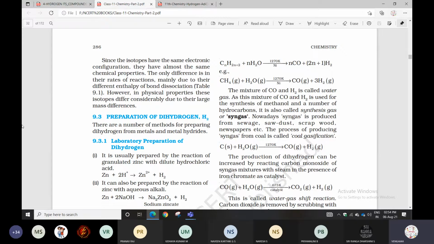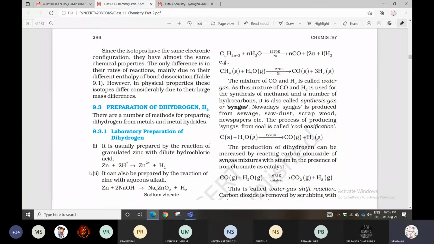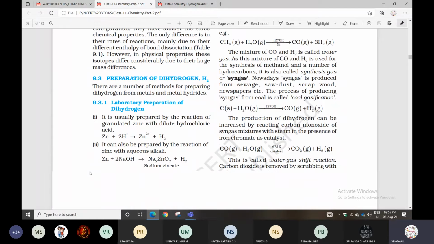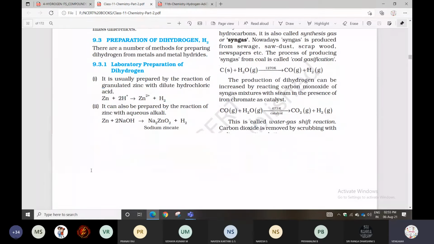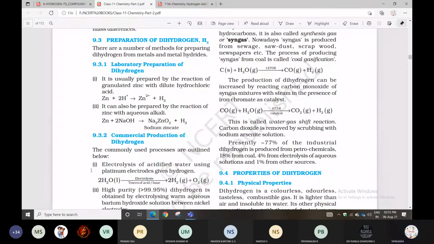Given Zn plus NaOH, you prepare sodium zincate plus hydrogen. These reactions we already studied in class 10th standard. Same thing.